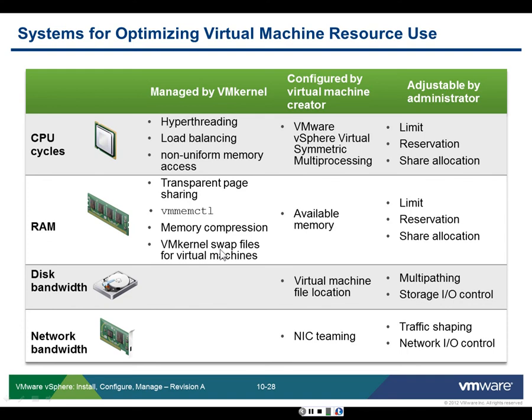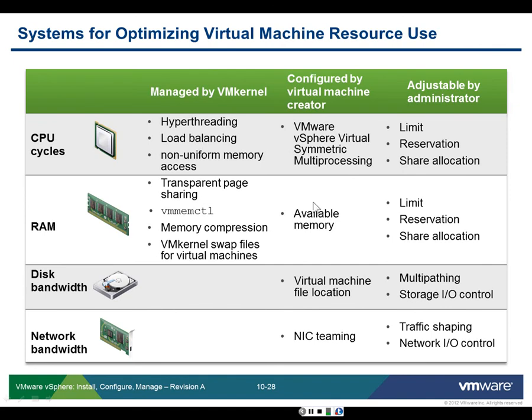And then there are other methods for optimizing the virtual machine, which are configured by the virtual machine creator, such as assigning enough virtual CPUs. The more virtual CPUs you have, the more processing power the virtual machine will have.